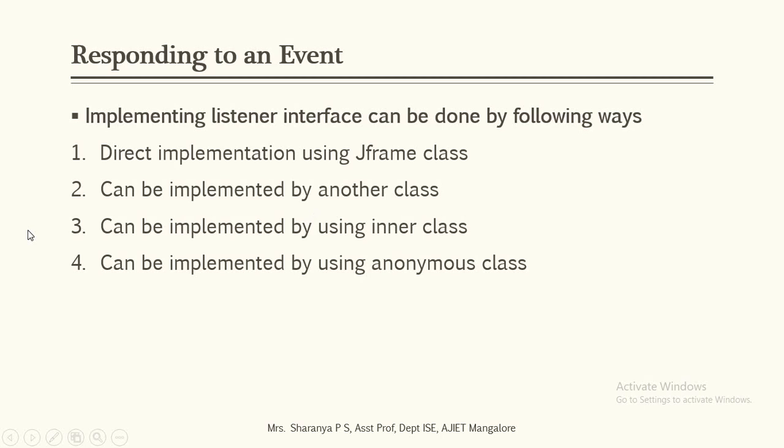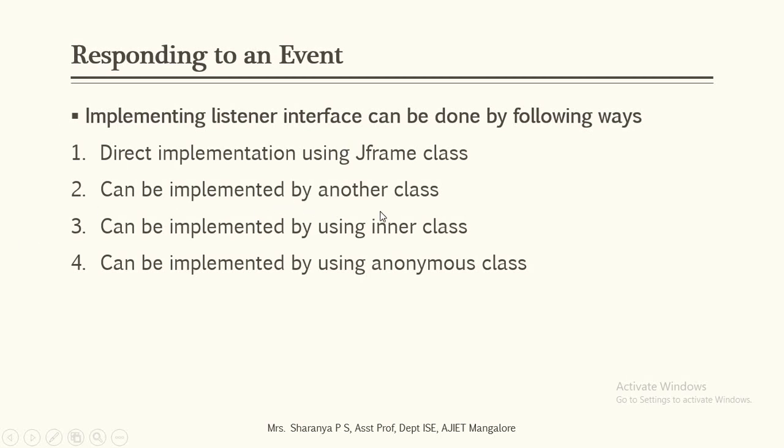And how we can respond to the user generated event: there are different ways we can write the code to manage these events. First way, direct implementation using the JFrame class, where we use the JFrame class within our main class.